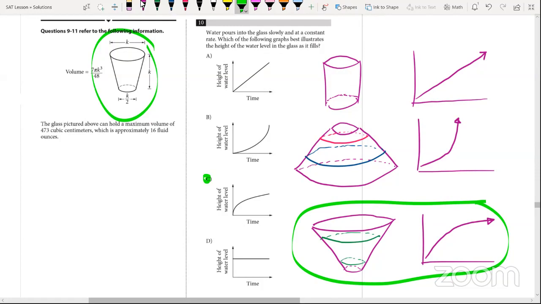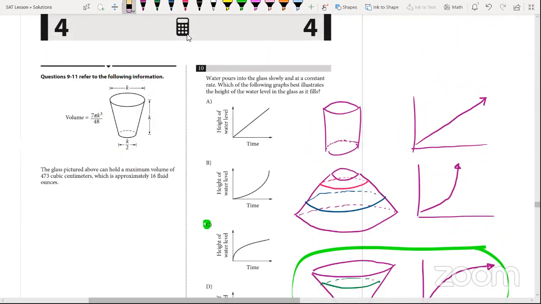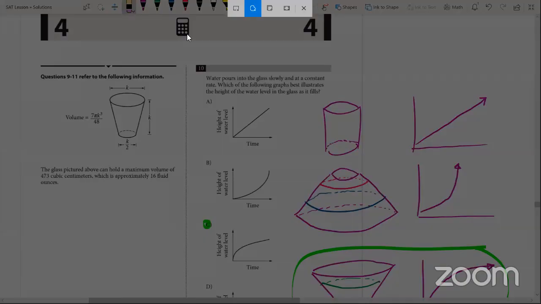Going over to number 11 now. Let's go ahead and just bring the scenario in so it can be close to question 11.